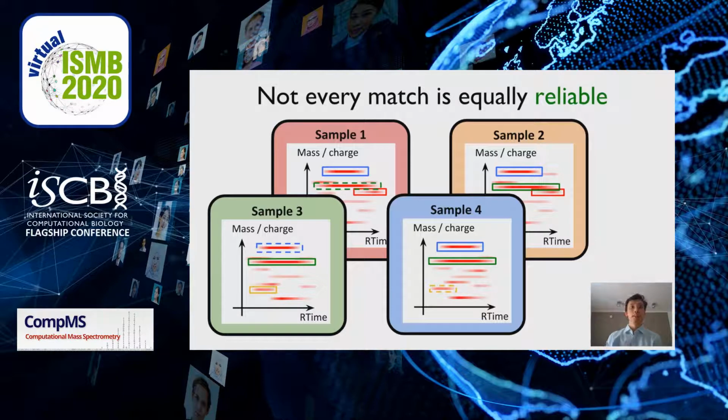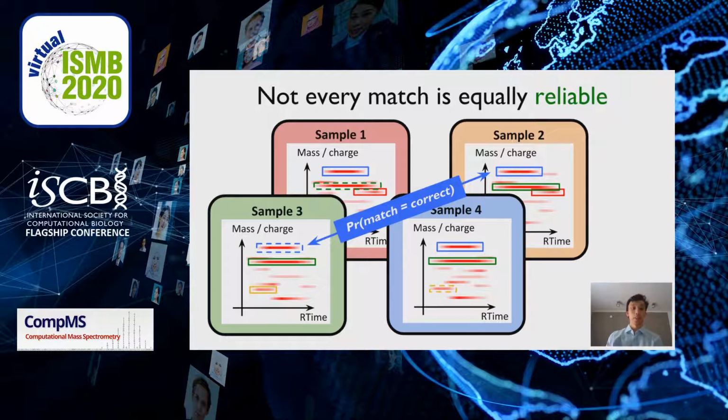So one thing that has been noted in the literature is that this process of match between runs doesn't come without its dangers. And one thing we therefore set out to do was to not only do match between runs as is, but also compute the probability that each of the matches is correct between different runs or between different samples. And the way we do this is by using so-called decoy features.